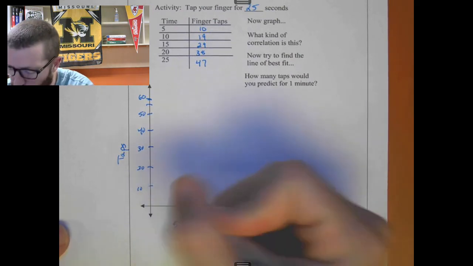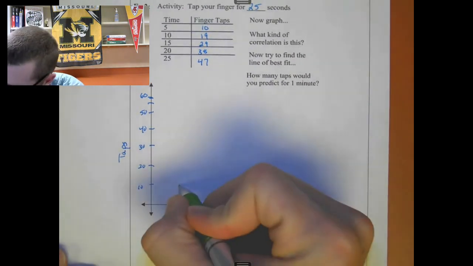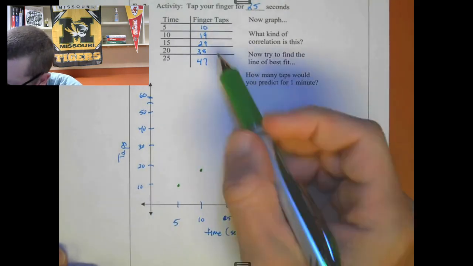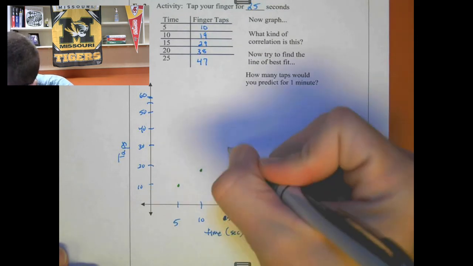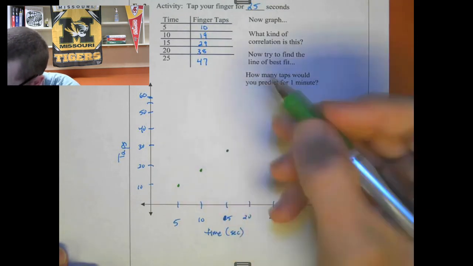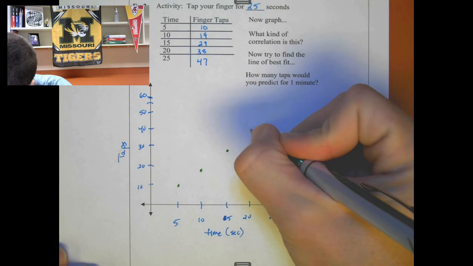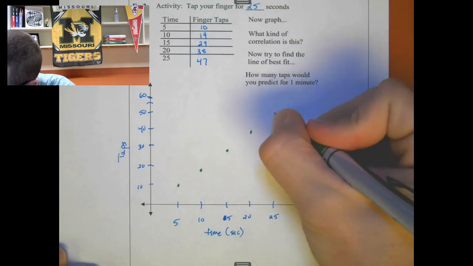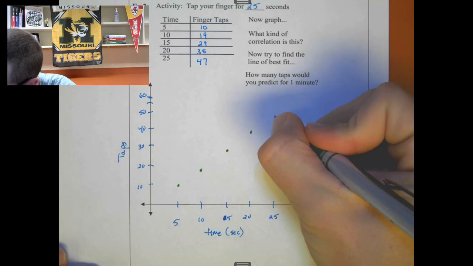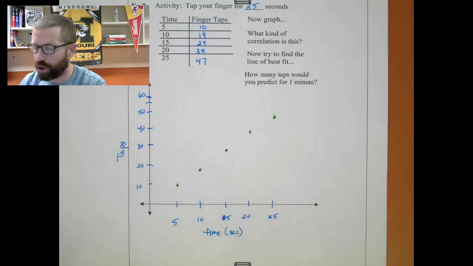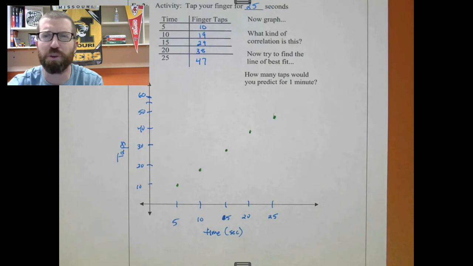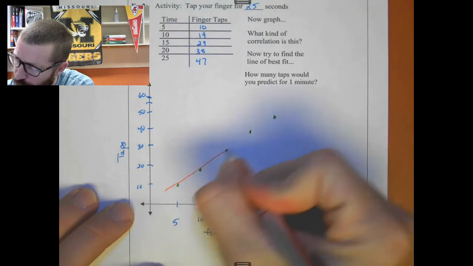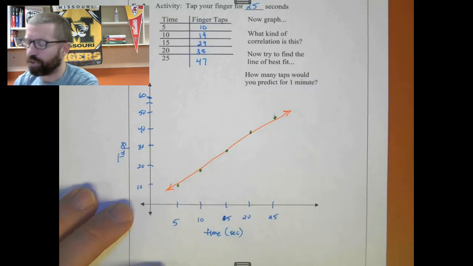So we have a point here: 5, 10; 10, 19; 15 was 29; 20 is 38; and 25 is 47. And so this is almost fitting on an exact line because my rhythm is just so good. If I draw my line there, it almost fits exactly.